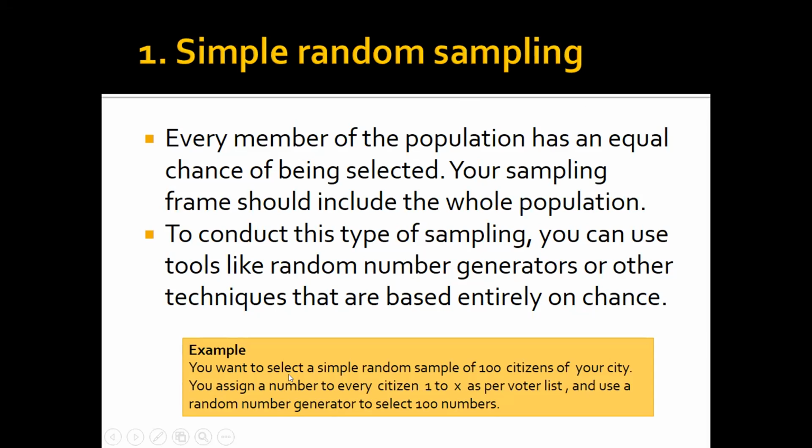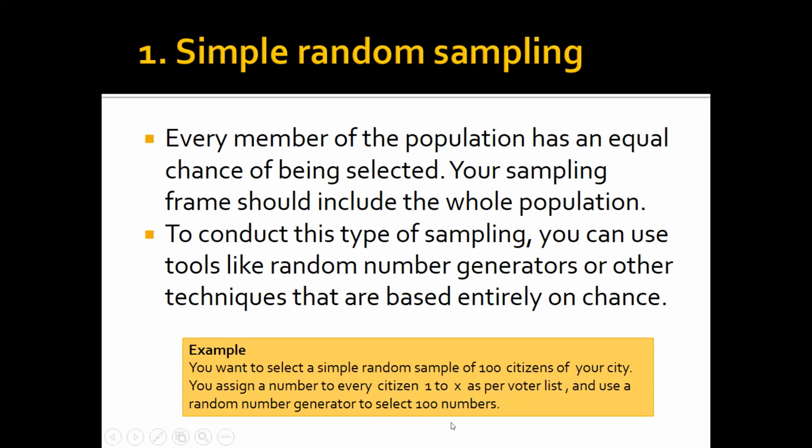Like in this example, you want to select a simple random sample of 100 citizens of your city, and you assign a number to all the citizens from 1 to whatever the number is as per the voter list which is already with you, and you use a random number generator to select 100 numbers. In this manner, simple random sampling takes place.